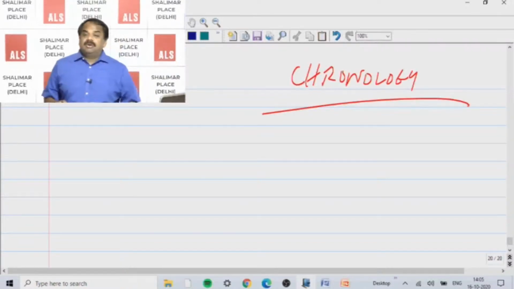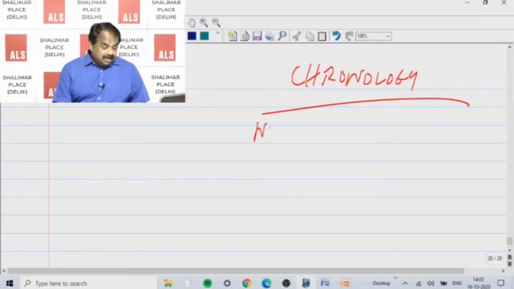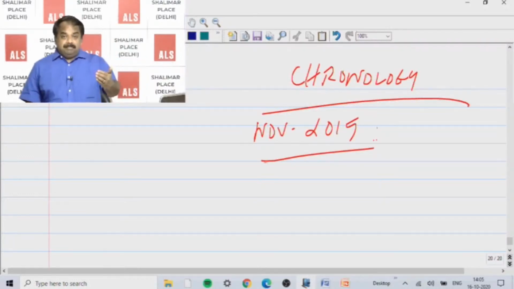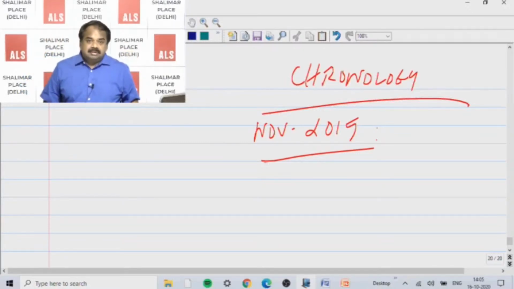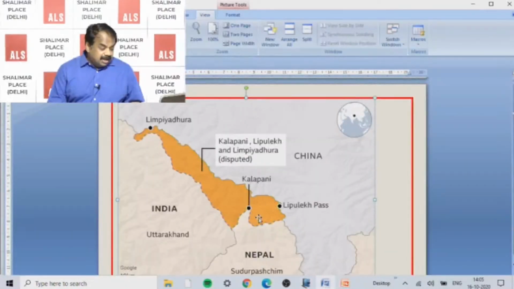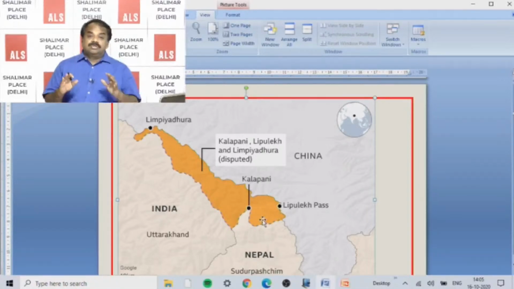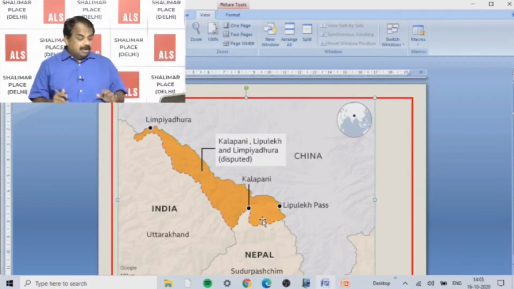The chronology started in November 2019, when India published a new map after the bifurcation of Jammu and Kashmir. The Survey of India published a new map in which this Kalapani region and the valley of Kalapani to Lipule region were clearly shown as part of India.